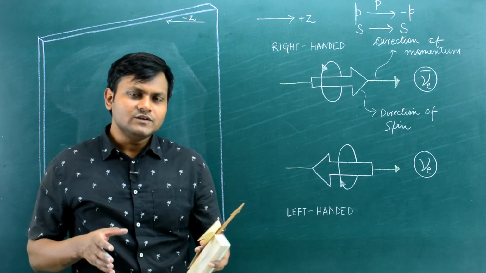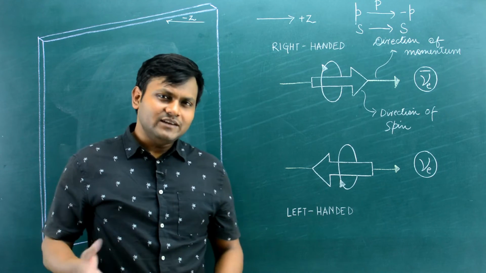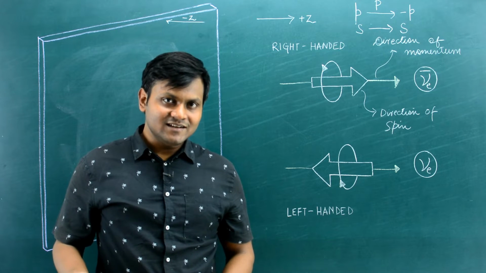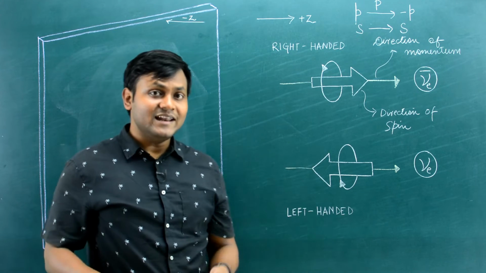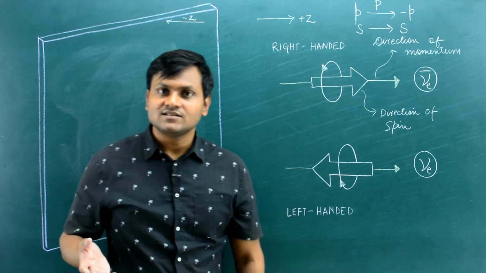Now if the universe was parity-symmetric, then both left-handed and right-handed neutrinos should exist. Both right-handed and left-handed antineutrinos should exist. But that is not the case.